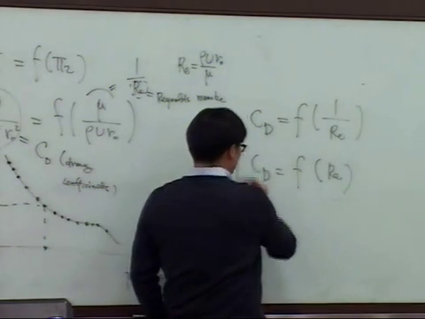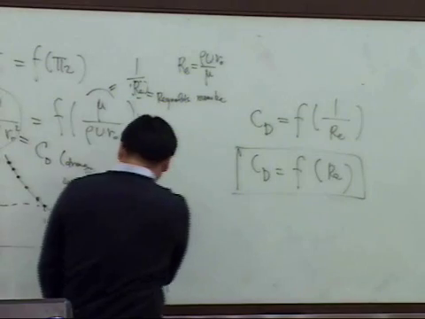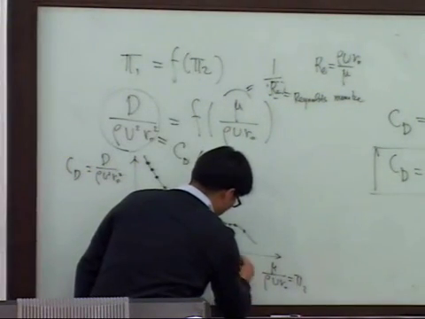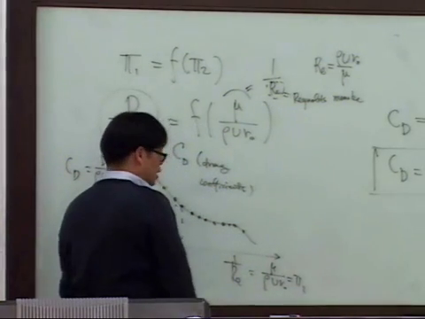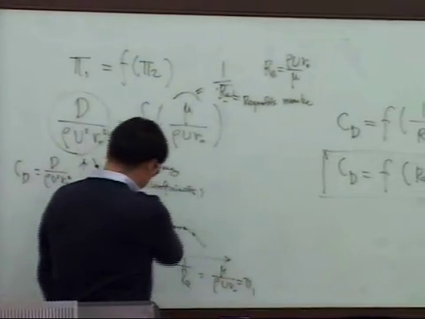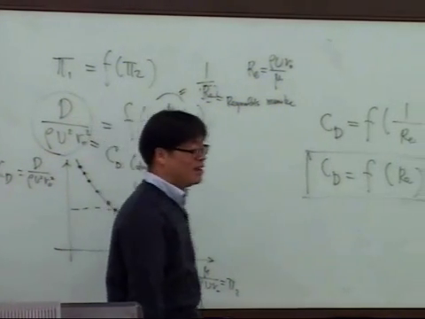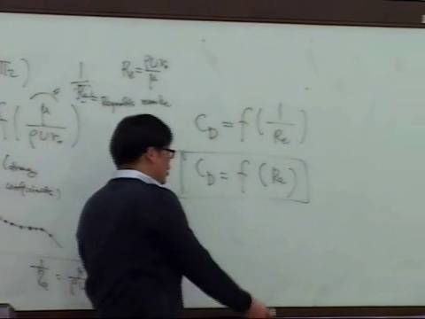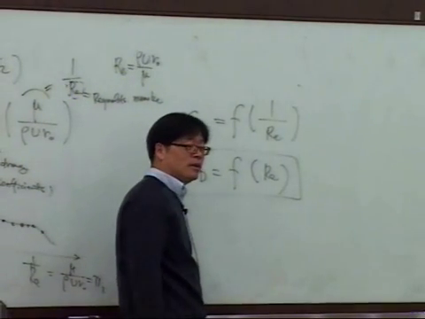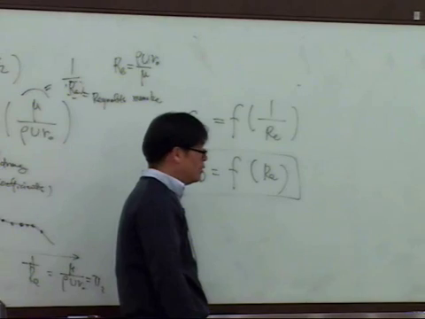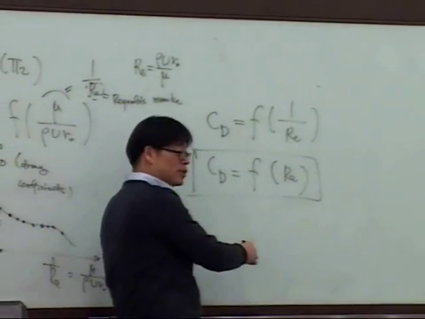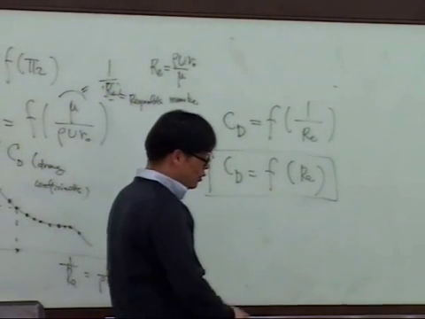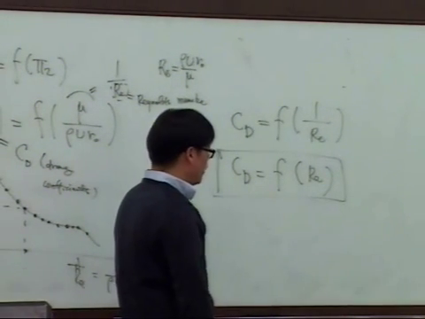Okay, so that's what we get. So basically, the curve that I draw is the drag coefficient versus 1 over Reynolds number. Actually, what I draw is the drag coefficient versus Reynolds number. Okay. So in the experiments, all you have to do is just change the Reynolds number by changing one physical variable, and then you will get the drag coefficients. After you make a table or graph, then you use that for many different cases.